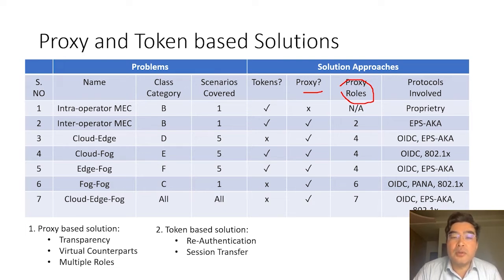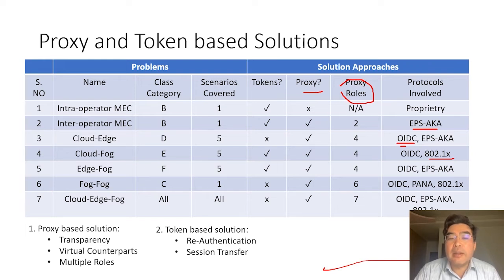And here are the protocols they try to support, where EAP-AKA is the authentication protocol used in 3GPP in cellular systems, and OIDC is the authentication protocol used in cloud. So you have authentication protocols for edge and for cloud, and 802.1X for fork.